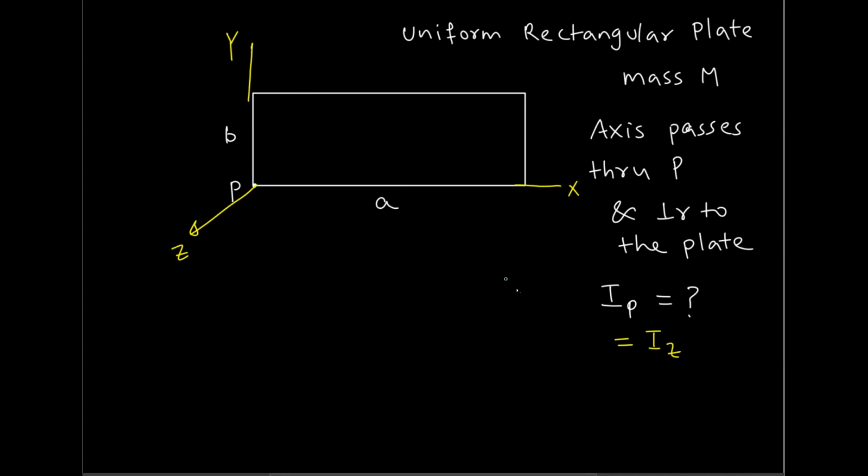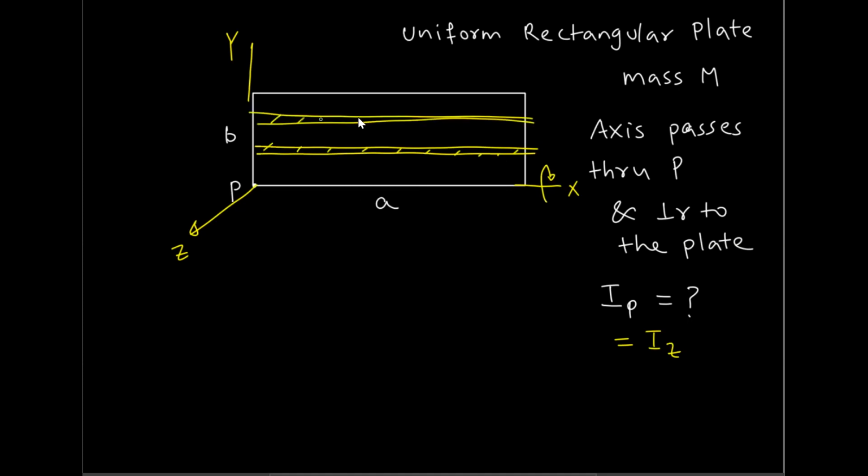For a moment, forget about the Z-axis. Come to the X-axis. If I am rotating about the X-axis, I can take this rectangular plate and cut it into horizontal strips, each strip with mass M1, M2, and so on.